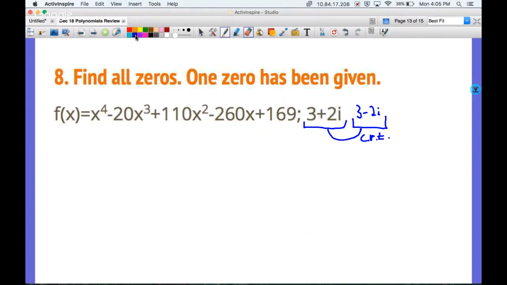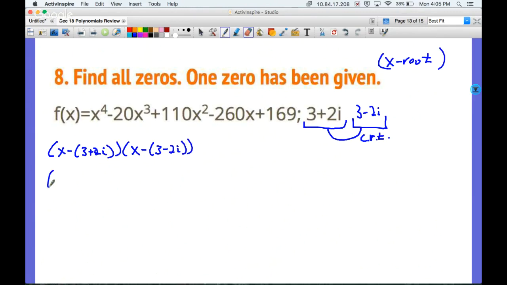So when you know zeros, you also know factors because x minus a root is a factor. So we have 2 factors here. We've got, and I'll write them over here, x minus 3 plus 2i and x minus 3 minus 2i.